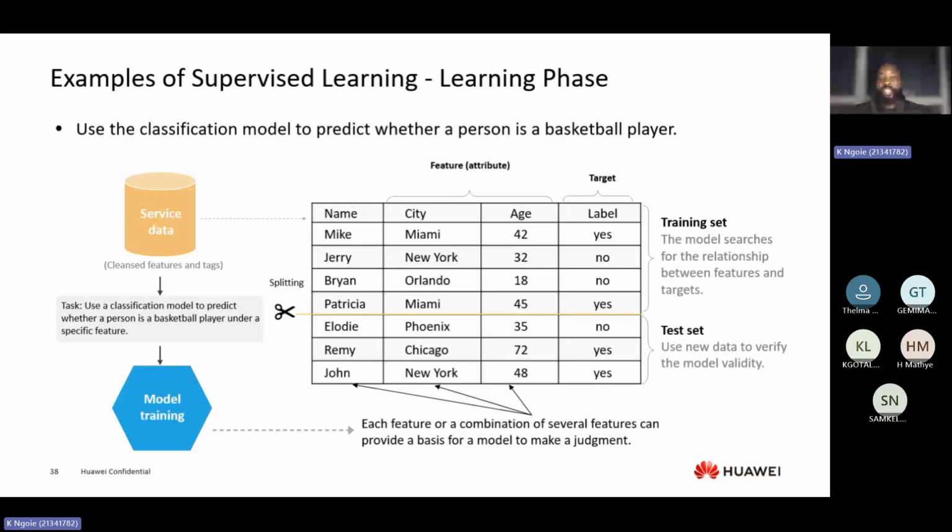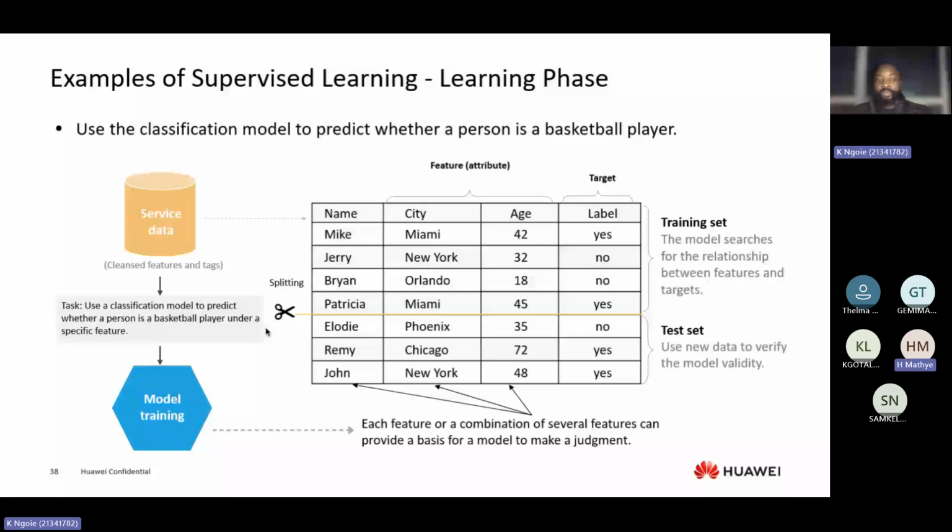As you can see here, the first four samples will be used as a training set, and the last three will be used as a testing set. So this is the data splitting that we do.